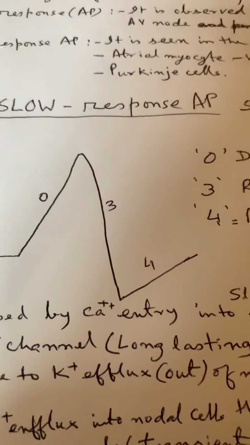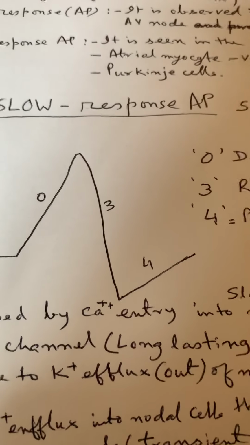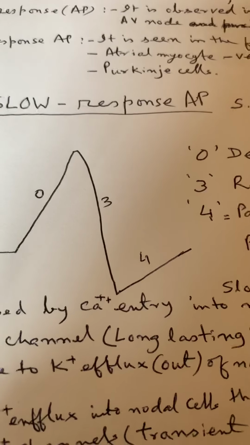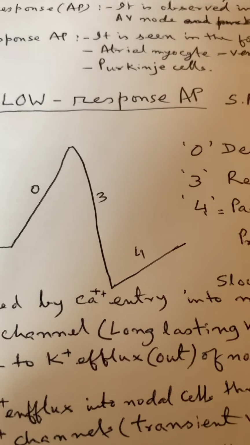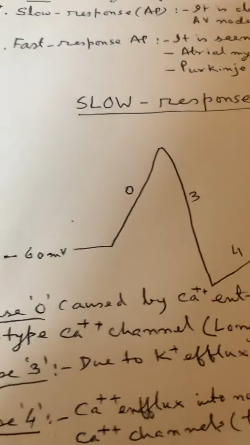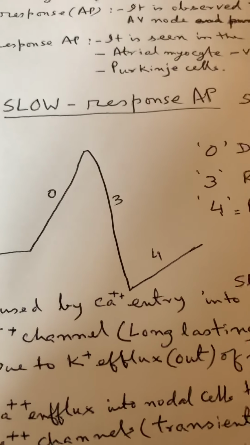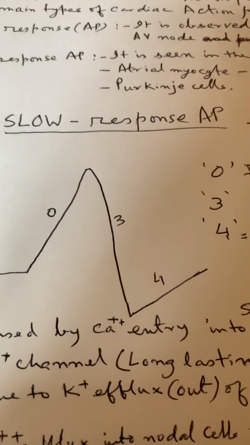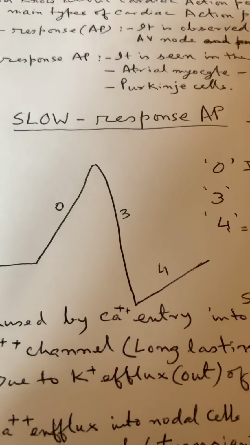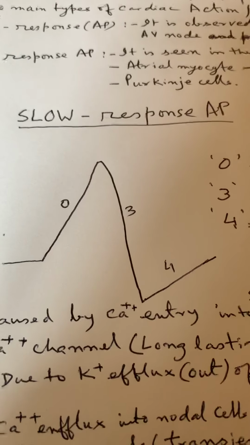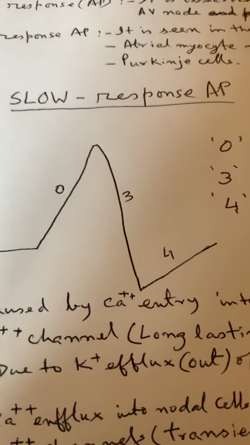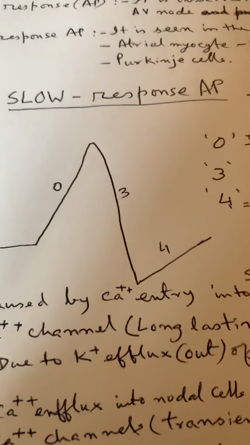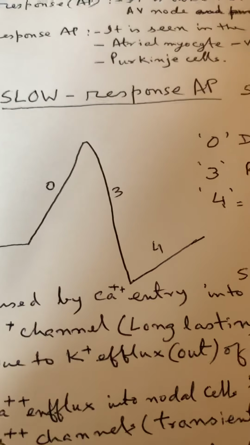In other action potentials, phase 4 is flat. Here phase 4 is slowly depolarizing, and when it reaches the threshold level, another action potential is produced. This property is known as automaticity or rhythmicity. So the heart goes on beating without nerve supply because the SA node and AV node have a phase 4 pre-potential or pacemaker potential.